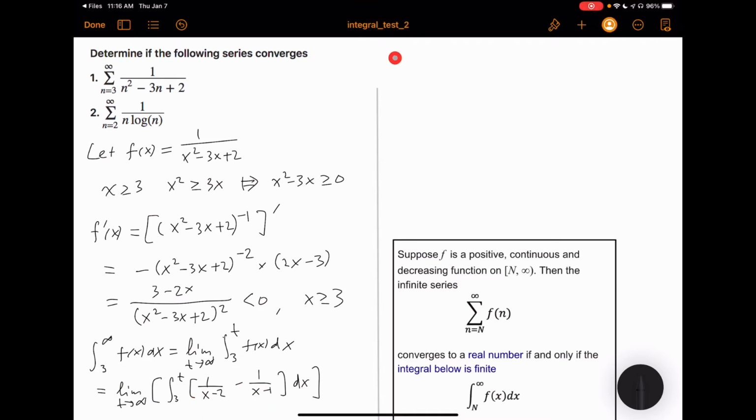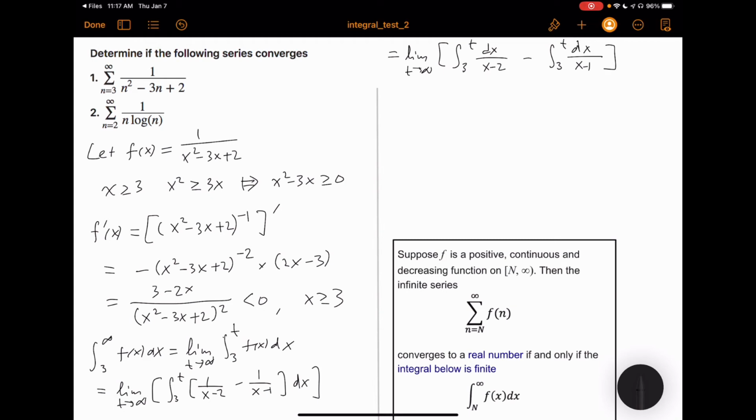And now we come here. This is equal to the limit as t tends to infinity of the integral from 3 to t of dx divided by x minus 2, subtract the integral from 3 to t of dx divided by x minus 1.